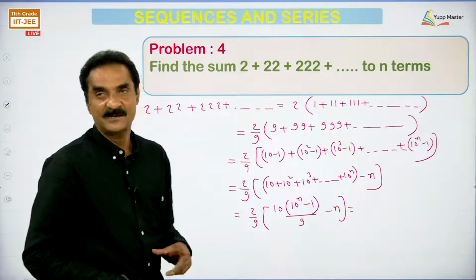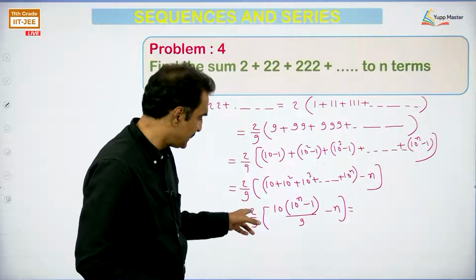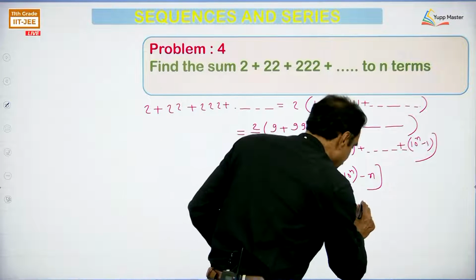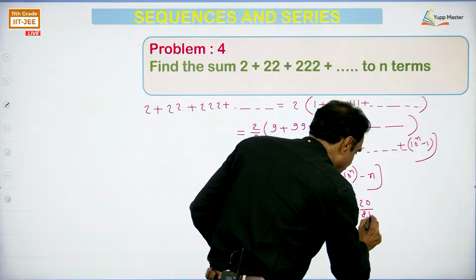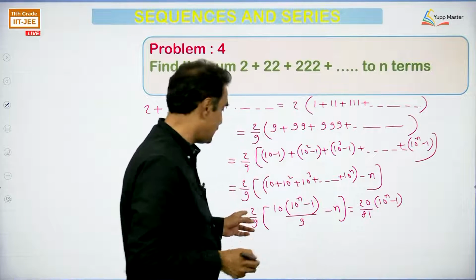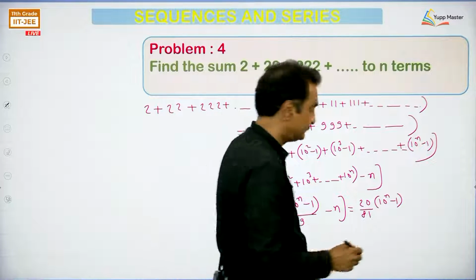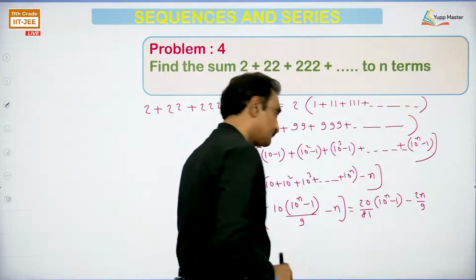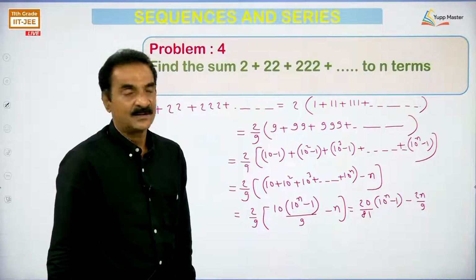Now you write the final answer. Taking 2 by 9 inside, 20 by 81 into 10 power n minus 1 minus 2n by 9. Alright, this is our answer.